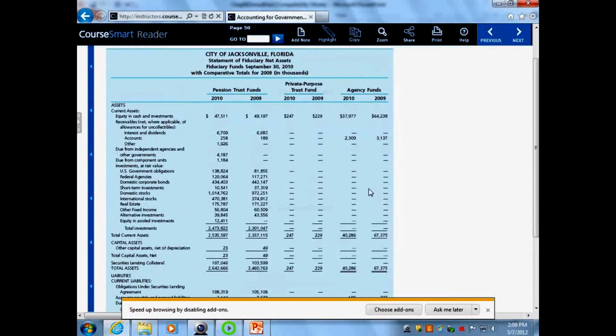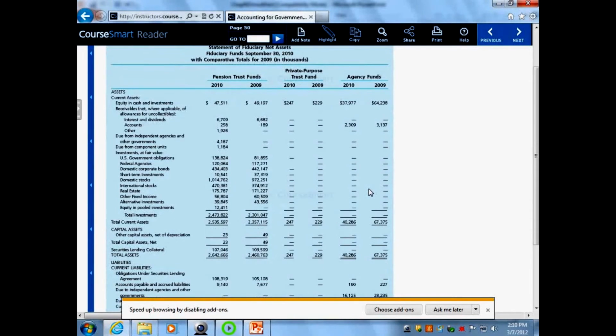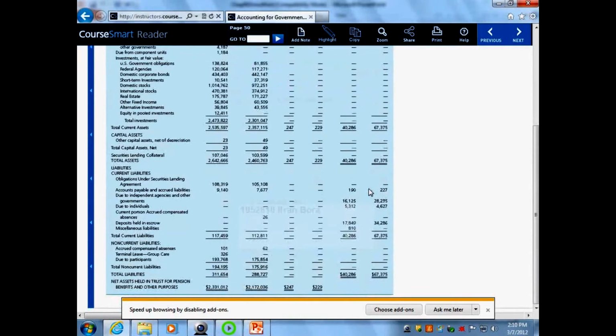Now, when we discuss fiduciary funds, what you'll see is there are a couple of types of fiduciary funds. There's one which is missing, but we'll deal with that. One is the pension trust fund, private trust fund, and then the agency fund. And we'll talk about what each one of them are. Notice one thing, you have your assets, you have your liabilities, and you have this column, net assets held in trust.